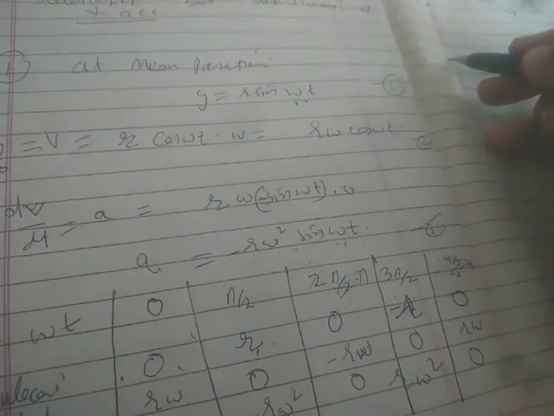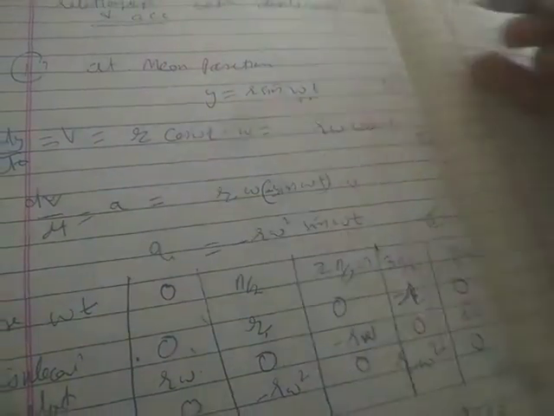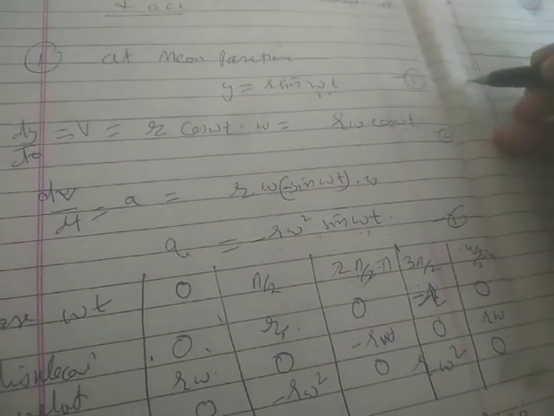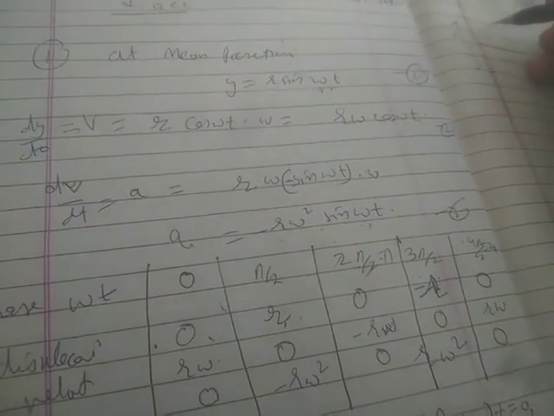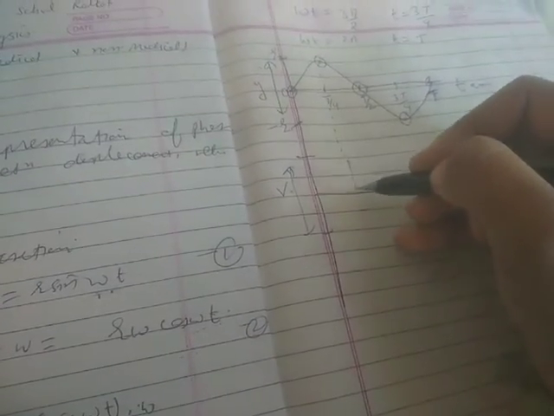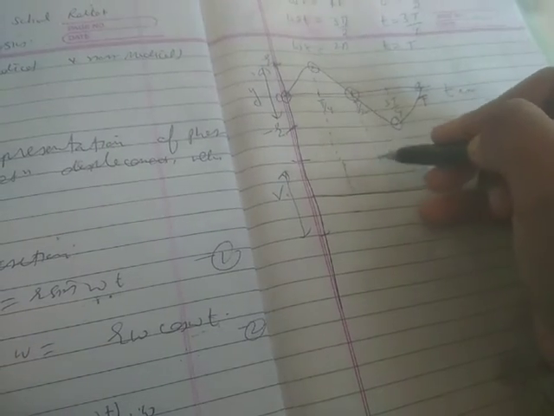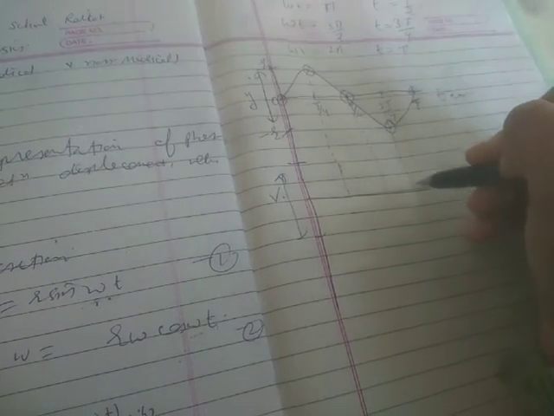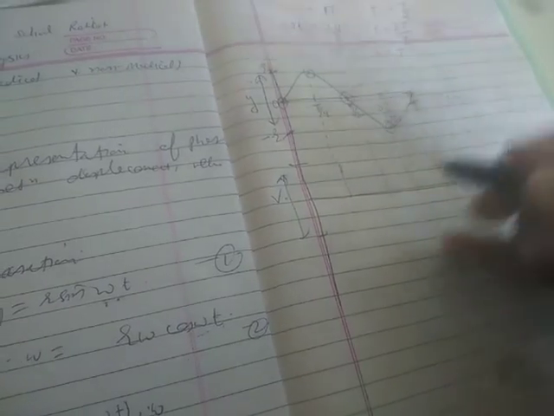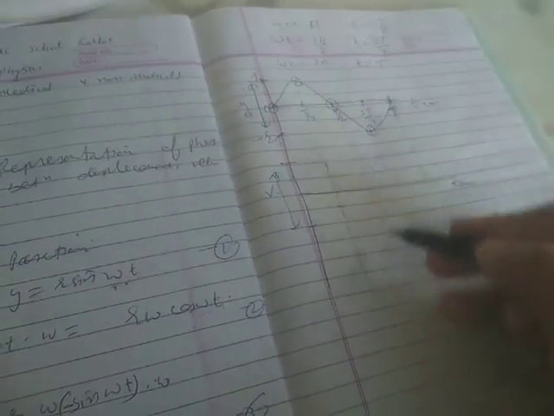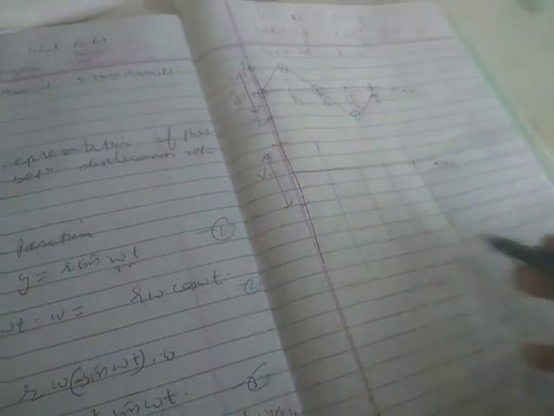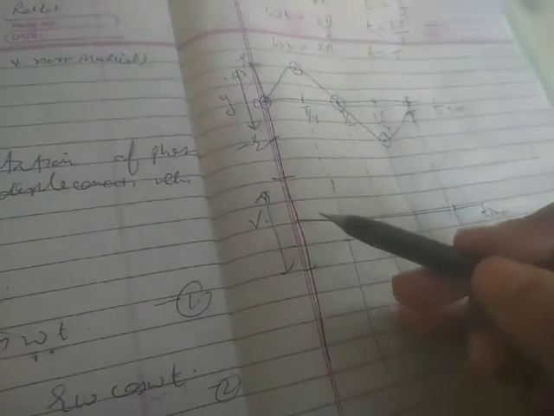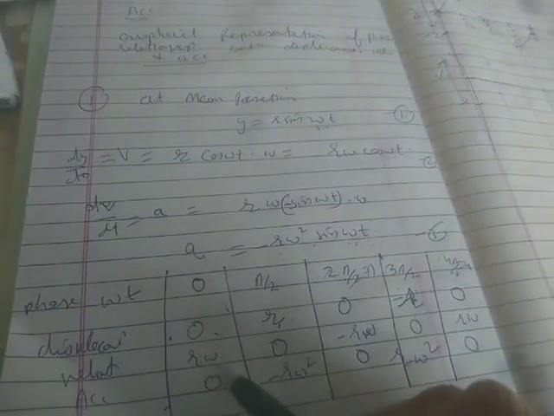Then second is for velocity. This is the time axis. Here we will take the velocity. Keep the same lines, consider them the same. Then again for velocity, when time is 0, velocity will be r omega.